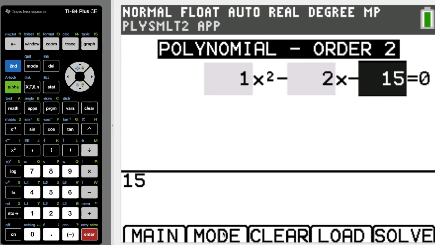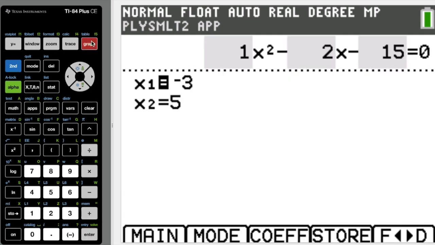Again, all these buttons down here at the bottom are governed by the function keys up here at the top. So to solve, I can press F5. Alternately, I could do alpha, enter. You'll notice that there's a solve down here by the enter key. Either one will work for me. So if I solve that one, there's my solutions. That was pretty slick to be able to go in and get those solutions.